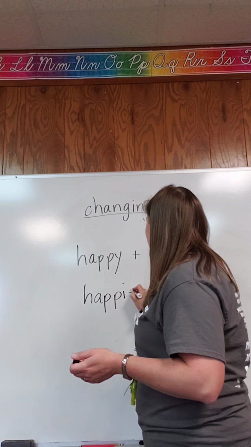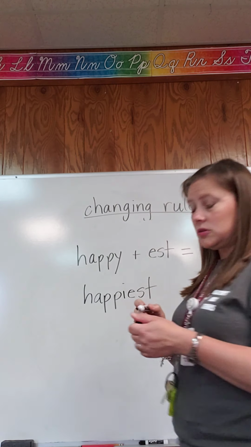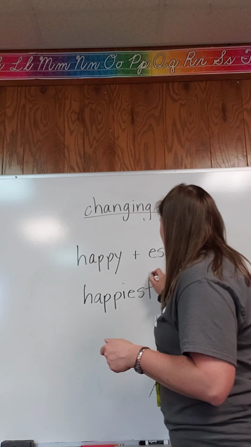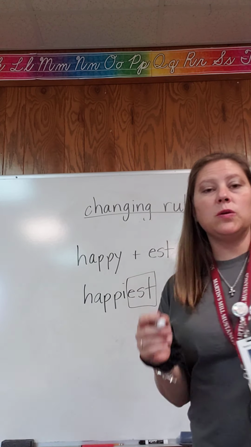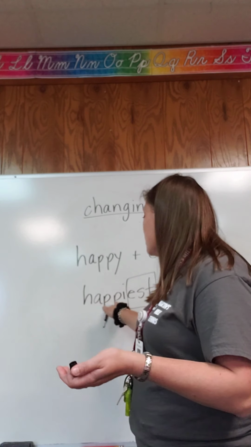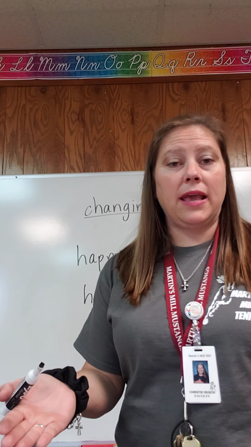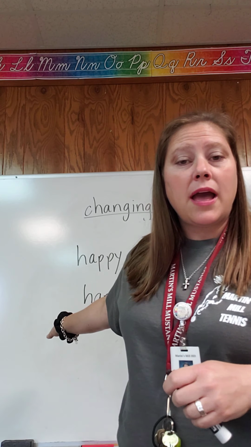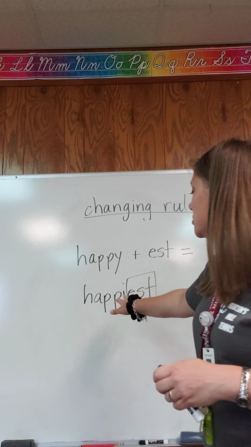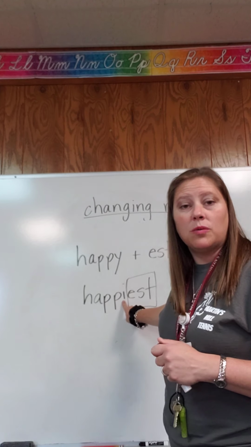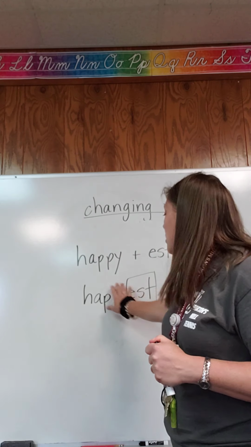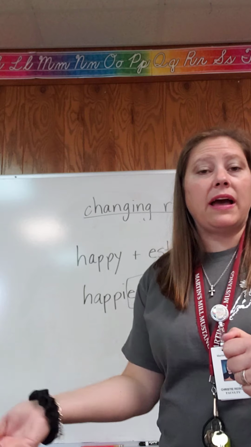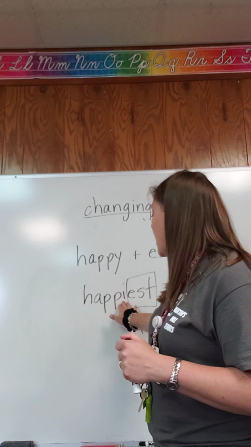Happiest. So same situation as before. Box your suffix, and if you look at it, you know that's not the correct spelling of happy, but you then realize that the changing rule had to apply here, which is why that was changed from a Y to an I. Okay, so technically you do still have a root or base word left behind.